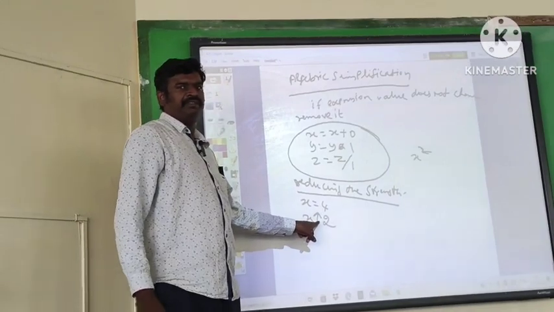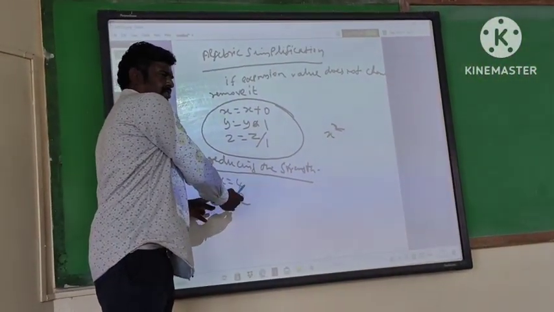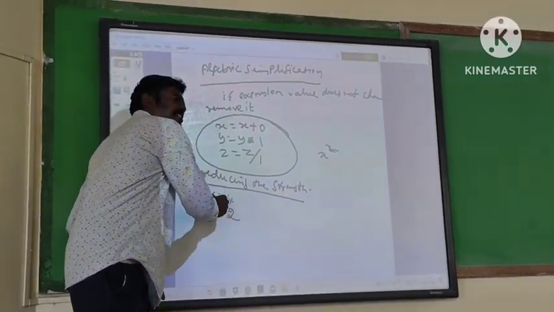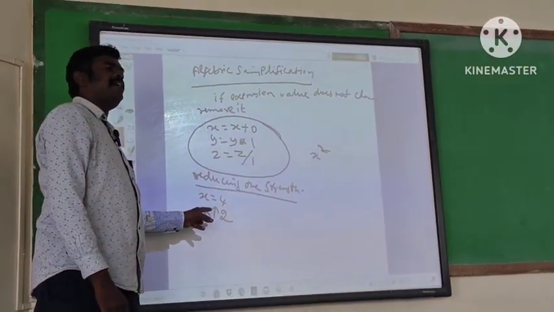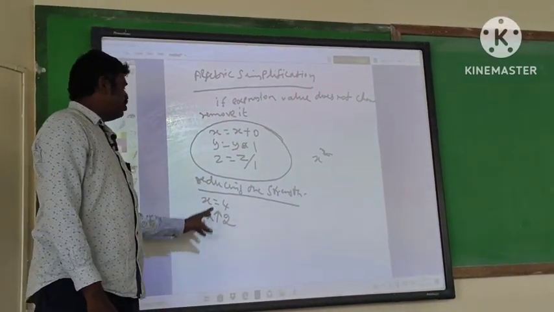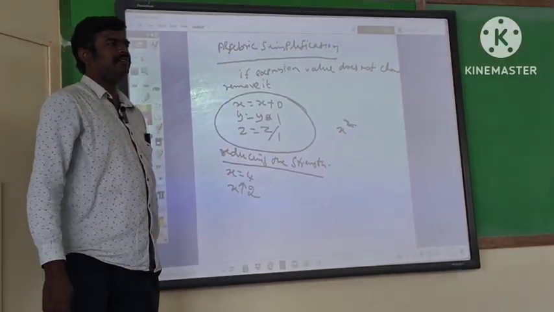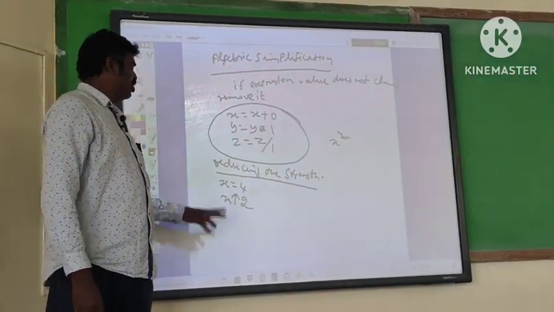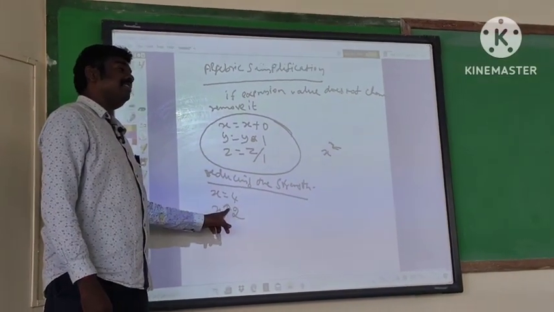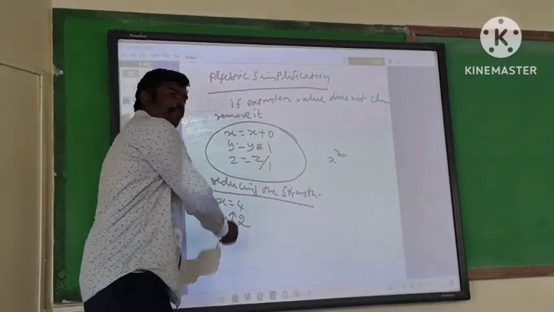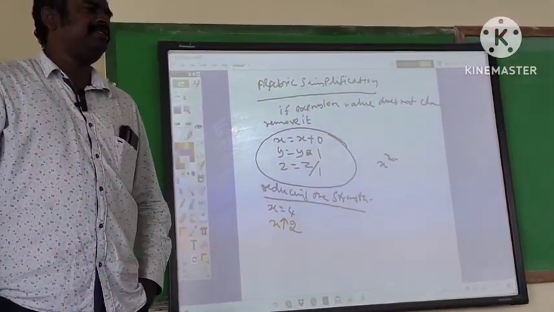This is the exponentiation symbol. Now what I have to do is get the same answer for x by replacing this exponentiation symbol with a low precedence operator. How will you do that without changing the value? Any idea? x is equal to 4. What will be x squared here? 4 squared is 16. But I want to replace this high precedence operator with a low precedence operator. Can I write x plus x?